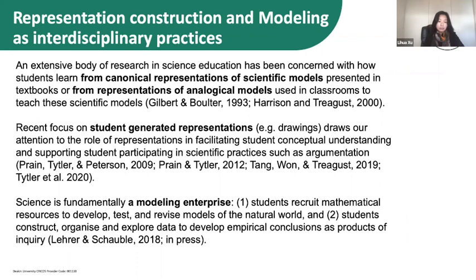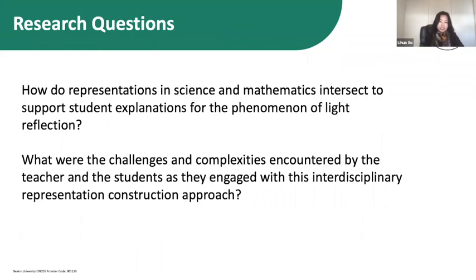It recognizes the importance of representations as tools for facilitating student understanding and learning, but also the importance of engaging students in modeling practices rather than just learning from established scientific models.